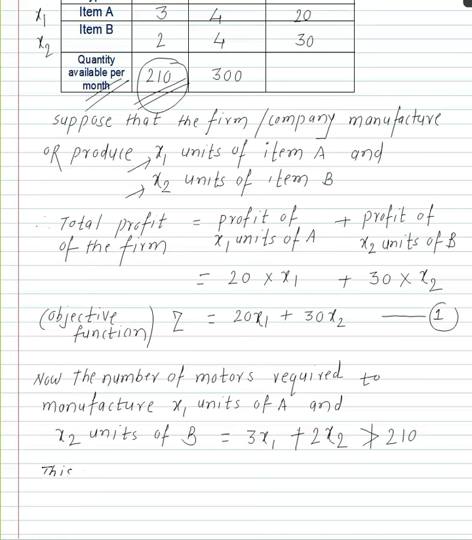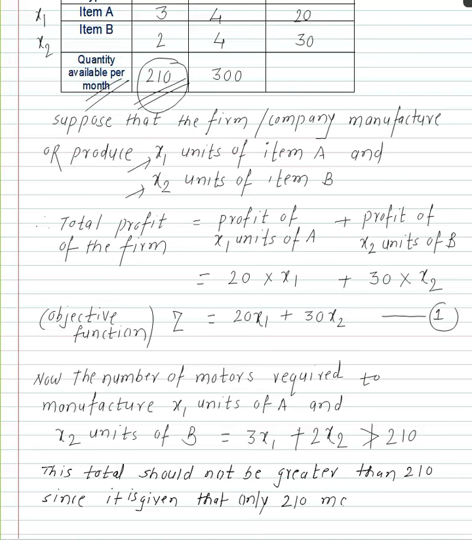This total, that is total number of motors required to manufacture x1 units of A and x2 units of B, should not be more than 210, since it is given that only 210 motors are available per month.